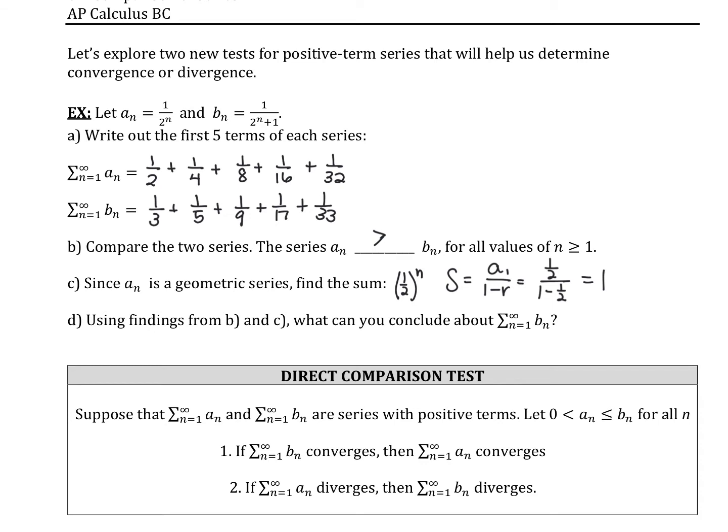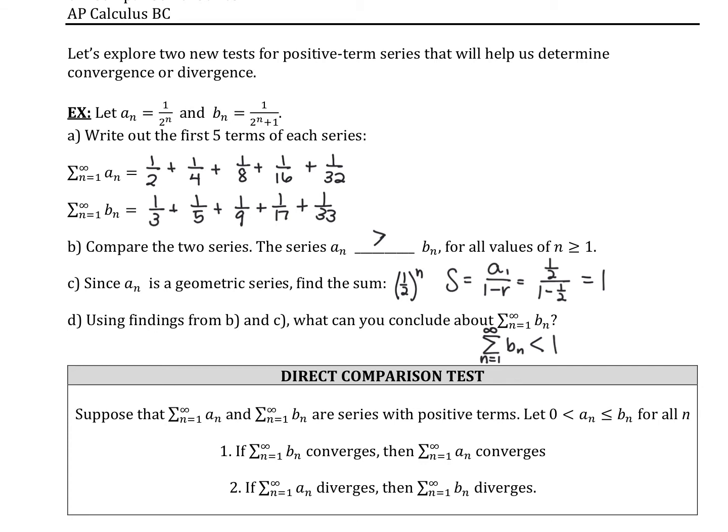Hopefully you said something along the lines of that the sum for that b sub n series would have to be less than 1. The sum of something that has every term that's less than the a sub n series cannot be more than the a sub n series. Okay, now we know it has to be less than 1.